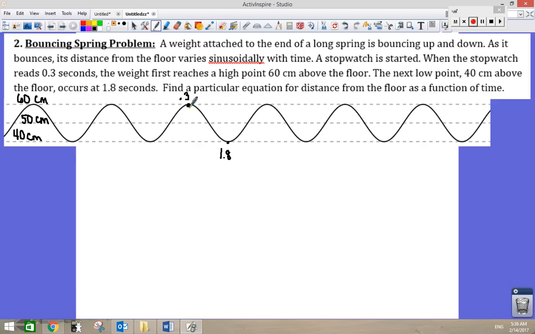The distance from a max to a min is half of the period. So the period is 3 seconds, because 1.8 minus 0.3 is 1.5, and if I double that, I have 3 seconds. My amplitude is 10 centimeters.